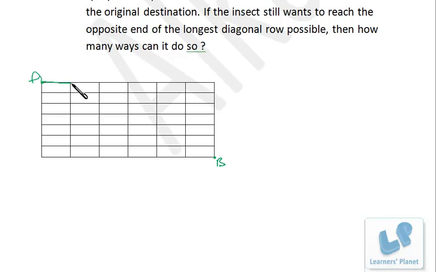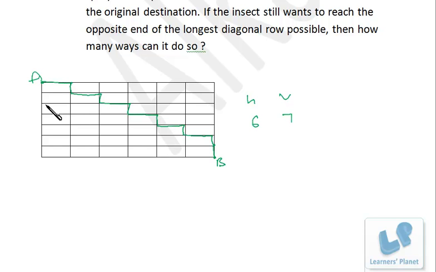See, this is 1, 2, 3, 4, 5, 6, 7, 8, 9, 10, 11, 12 and 13. In all, 13 steps are taken minimum from A to B. Okay, and out of these 13, how many are horizontal? 1, 2, 3, 4, 5, 6. 6 are horizontal and 1, 2, 3, 4, 5, 6 and 7 are vertical, right?